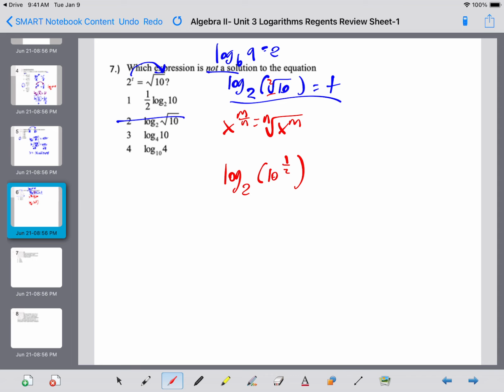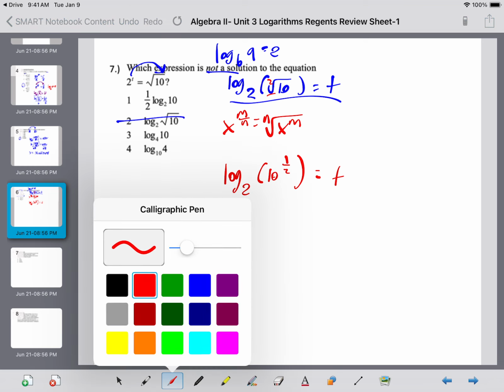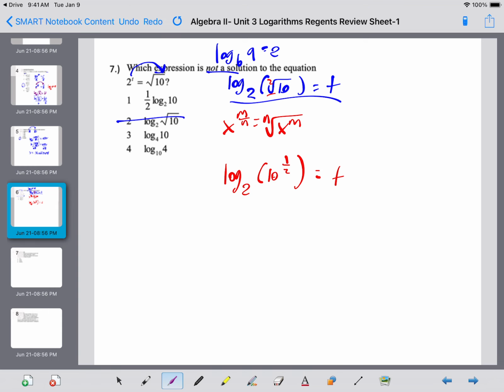Square root is just the 1/2 power. And then we know our power law for logs. If you have a power or an exponent in your log, you could separate by multiplication, bring it to the front. So we get 1/2 log base 2 of 10 equals t. So we could cross out number 1.